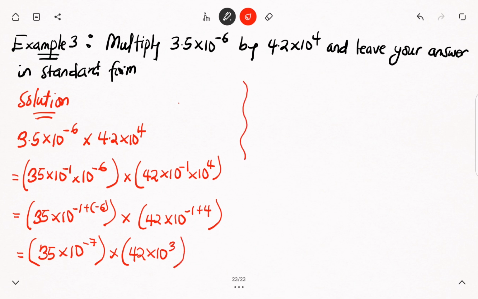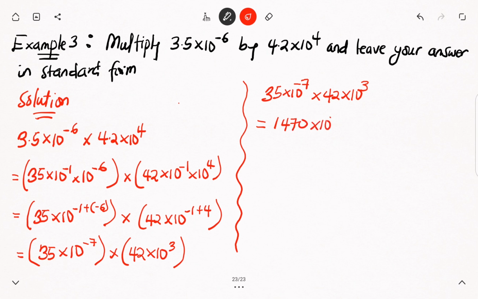Okay, so from here I have, let me rewrite this, 35 times 10 raised to the power negative 7, multiplied by 42 times 10 raised to the power 3. So I now multiply 35 by 42 and I will get 1470 multiplied by 10 to the power 7 and multiplied by another 10 to the power 3.